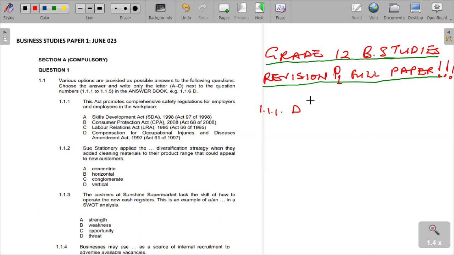Stationery applied the diversification strategy when they added cleaning material to their product range that could appeal to new customers. This has to do with the diversification strategy in regard to adding new products, cleaning material, to their product range.